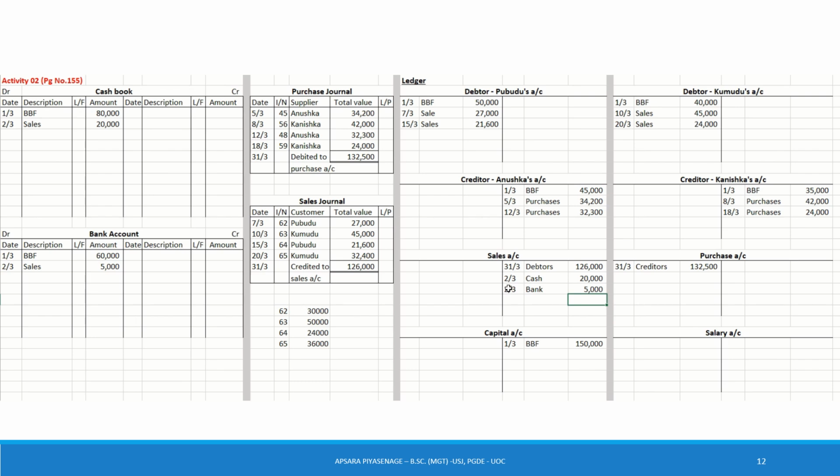Then again there's a cash receipt from Pubudu on 3rd of March. The debtor Pubudu has paid 8,500.